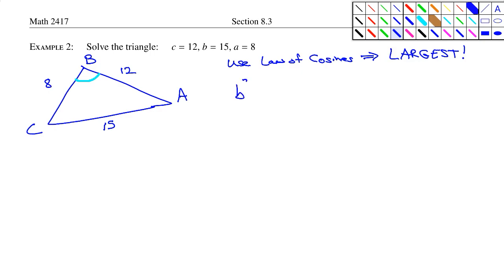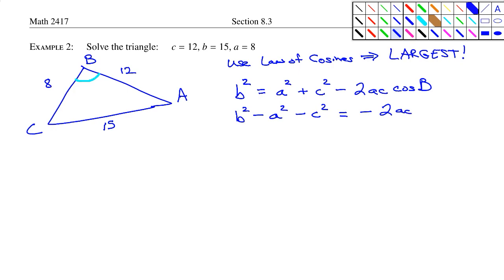So let's rewrite the law of cosines in terms of B. B squared is equal to A squared plus C squared minus 2AC times the cosine of B. Before I plug that in, let's solve this for the cosine of B. First, let me move the A squared and the C squared over.